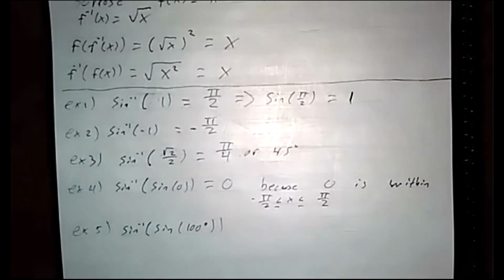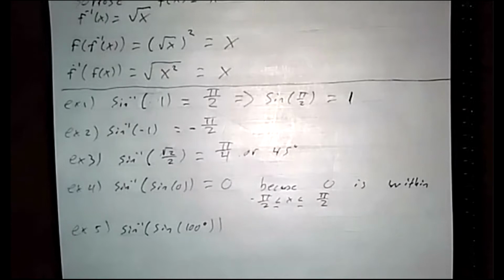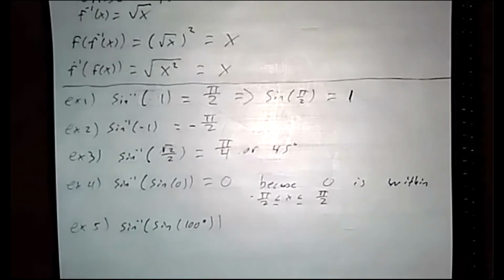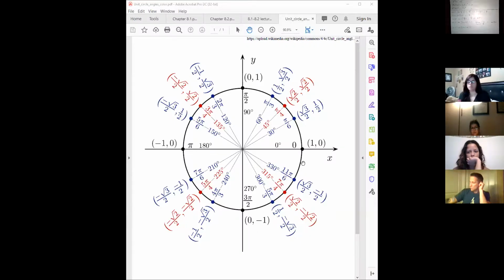This is not necessarily a known value, but they may cancel if we can find an equivalent value. Let's see here. You see how the y values are the same up here and up there? Pretty much the same sine, right?